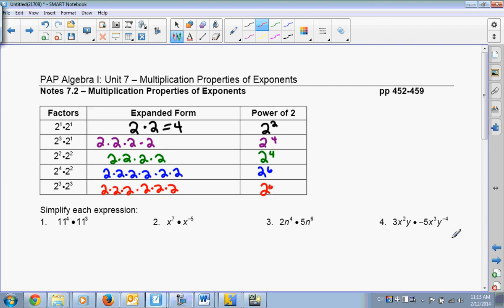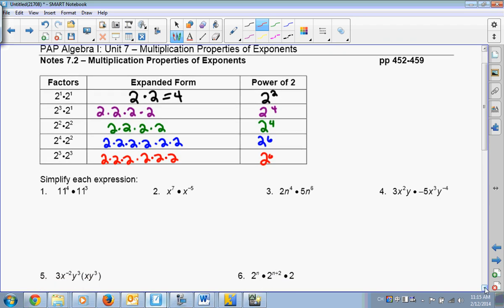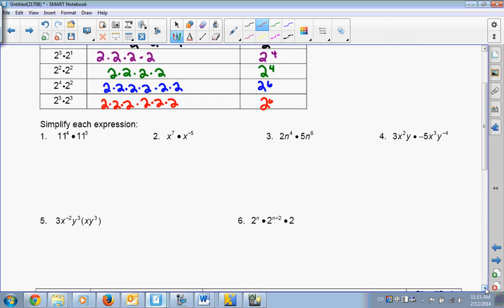Okay, so we're going to look at some examples that use that rule that we just put on our foldable. So, common bases is what? 11. Oh, I apologize. Y'all see it now? Okay. So common bases are 11.